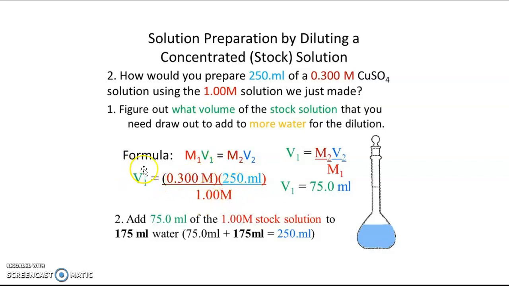Well, the volume that you have to take is 0.3 molar times 250 milliliters divided by 1 molar, that is the concentrated solution, and you get the volume of the concentrated solution that has to be taken to fill the volumetric flask with more solvent and dilute the solution. In this case, it gives us 75 milliliters.